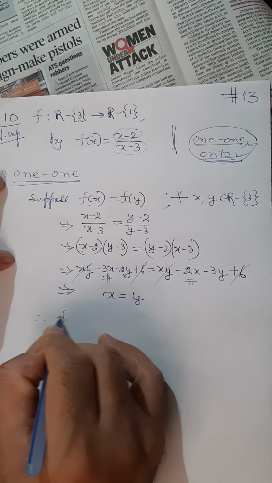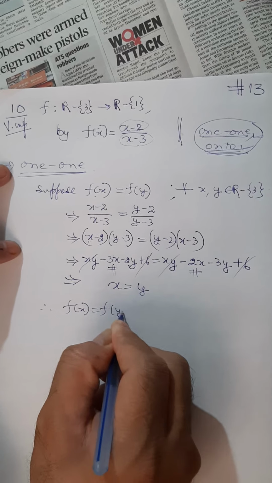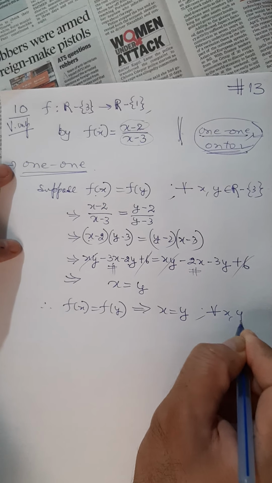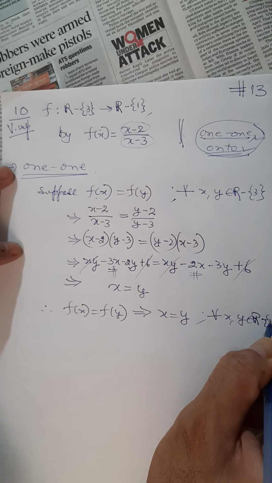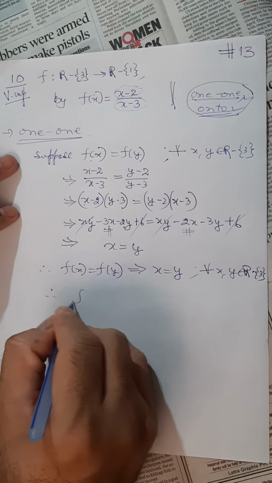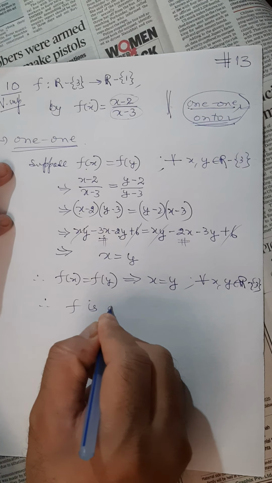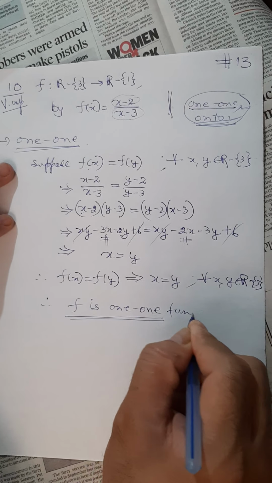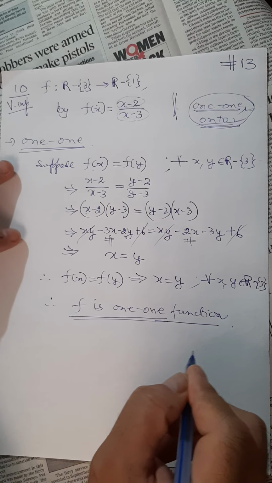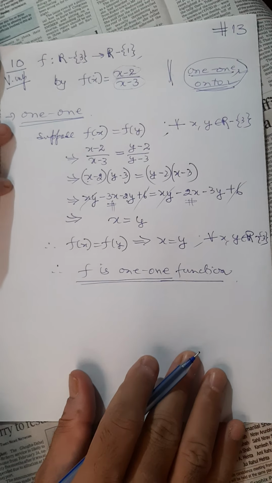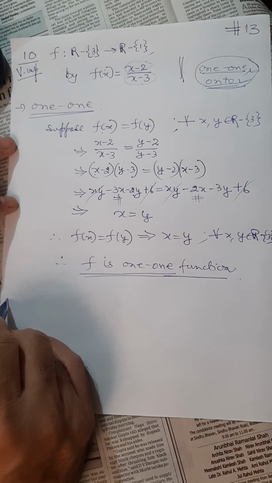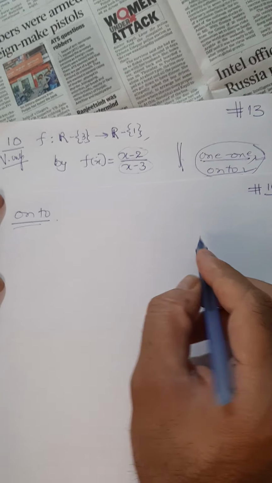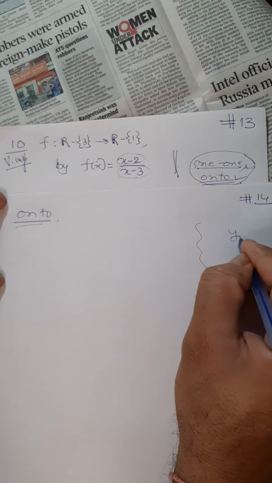So therefore you have shown that f of x equals f of y implies x equals y for every x, y in the domain. So therefore f is a 1-1 function. In this case the function is 1-1, linear upon linear. Now the onto part. So I'll go to the onto part here. We know the method. Take y from the codomain.